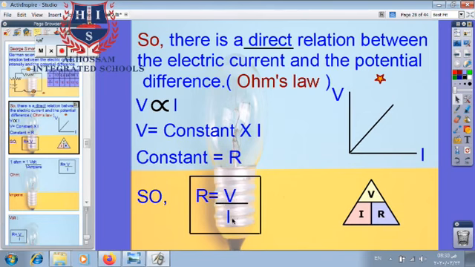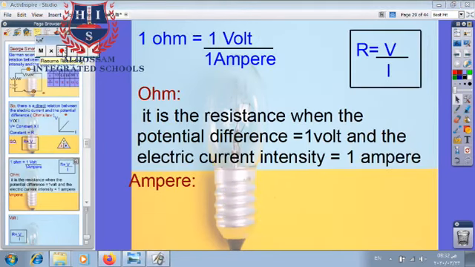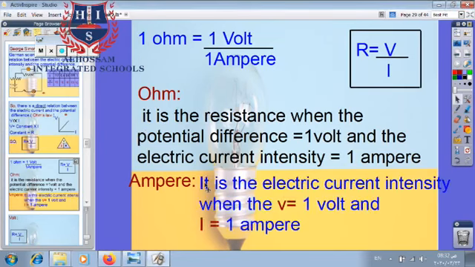From the rule R equals V over I, you know that the measuring unit of the resistance is 1 ohm, the measuring unit of the potential difference is volt, and the electric current intensity measuring unit is ampere. So let's define what's meant by ohm from the rule.